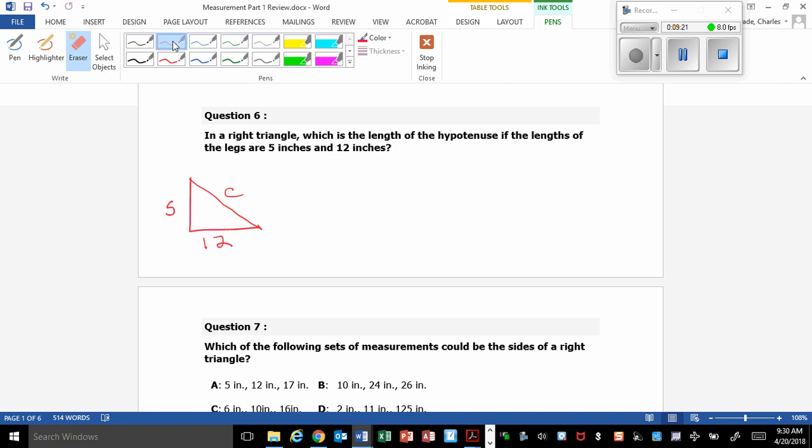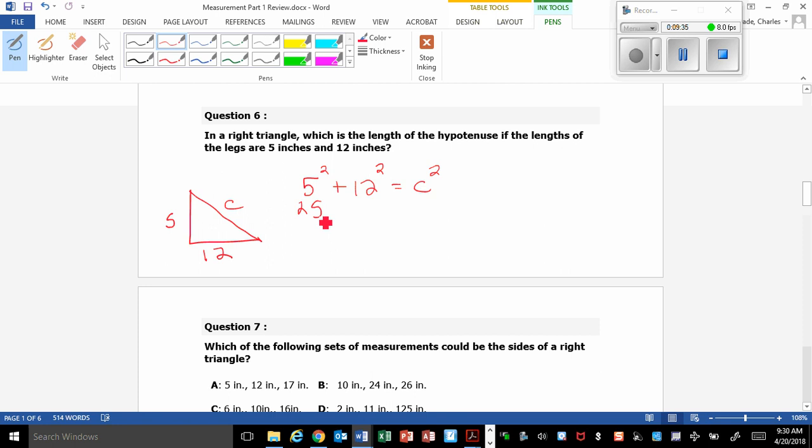So 5 squared plus 12 squared equals C squared. In your calculator, 5 squared, which we know is 25, plus 12 squared, which we know is 144, equals 169, which we have a good idea is a perfect square, and it is, which equals 13.